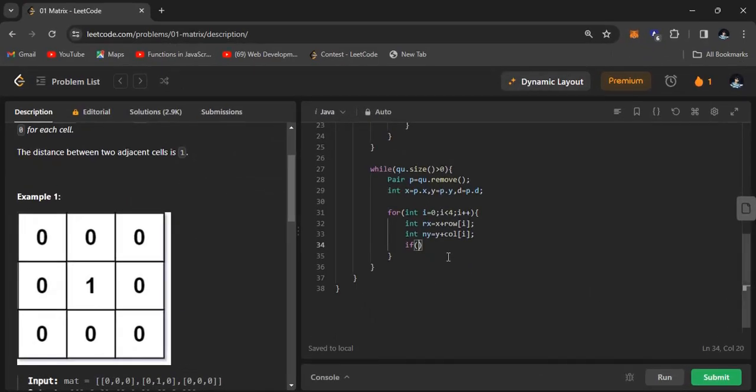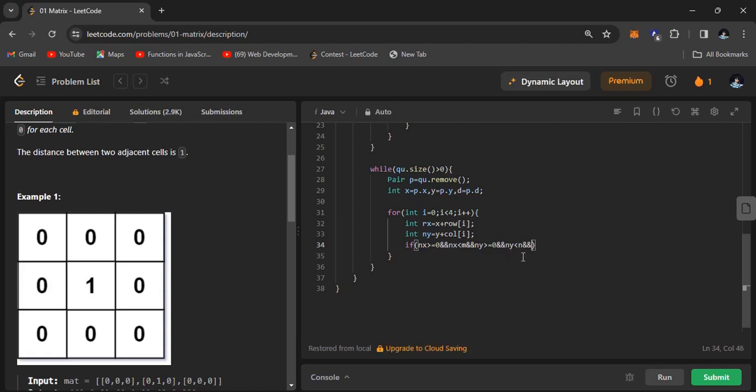We call only if new x should be greater than or equal to 0, new x should be less than m, new y should be greater than or equal to 0, and new y should be less than n.